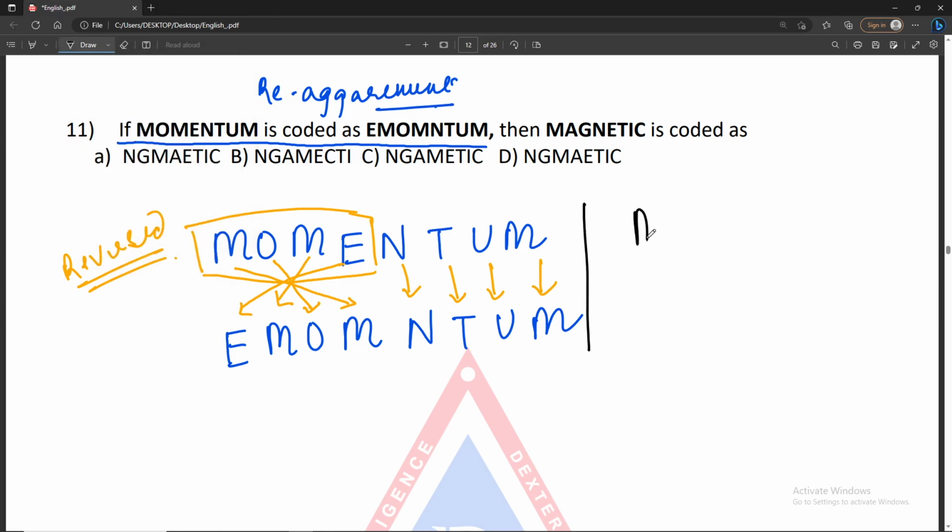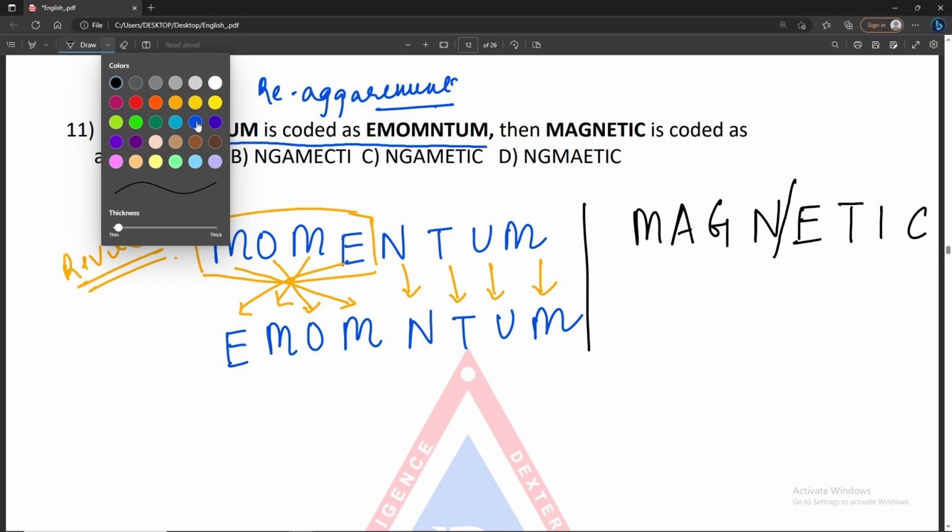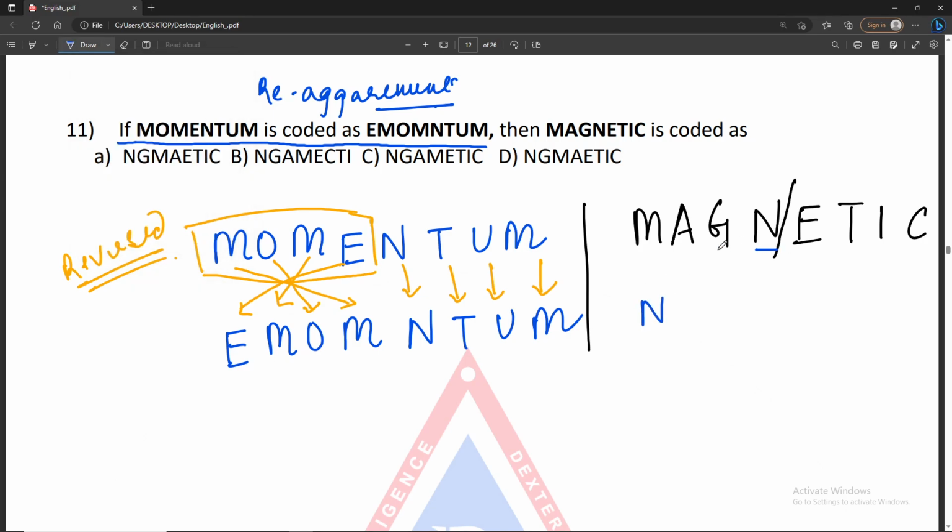So what is the question given here? Magnetic, M-A-G. So the first four letters, see 1, 2, 3, 4. So the first four letters are reversed. So reverse, that means N should come in first place. Then we have G. Then we have A. Then we have M. Then the last four letters are as it is written.